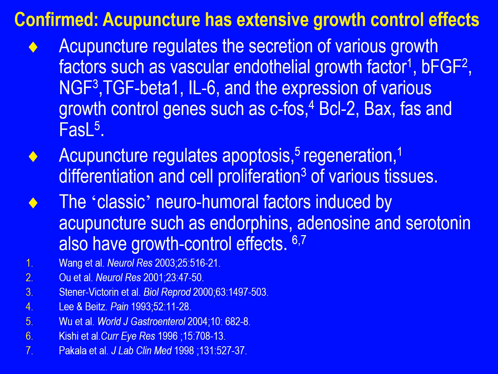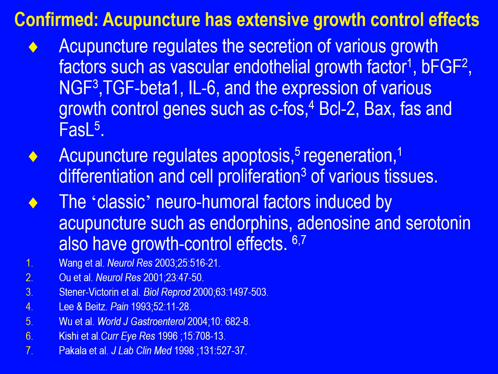Acupuncture regulates the secretion of various growth factors such as vascular endothelial growth factor, basic fibroblast growth factor, nerve growth factor, TGF-beta, interleukin 6, and also the expression of a variety of growth control genes such as C4, BCL2, BAX, FAS, FASL, and CMYC.